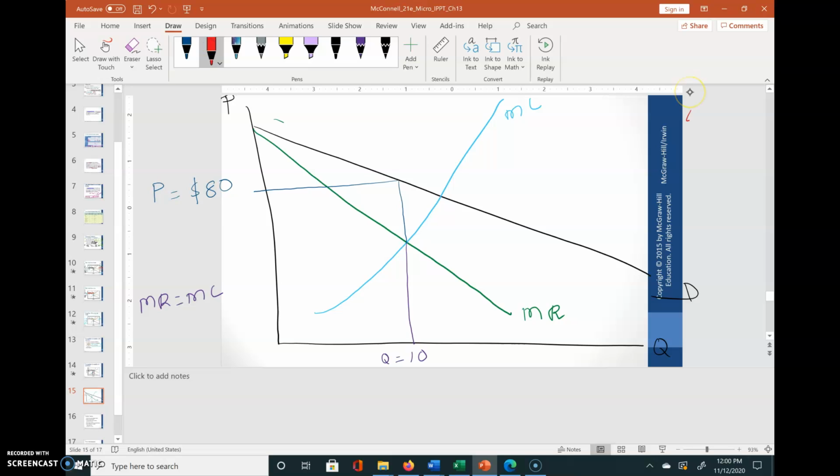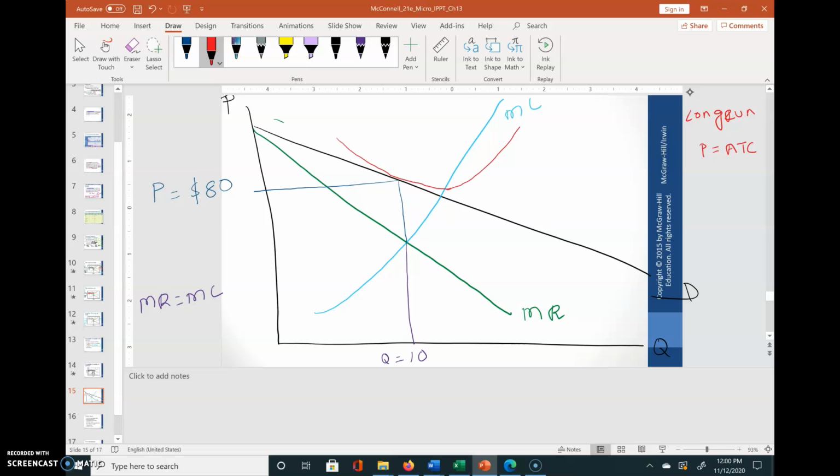Now I'm going to look at a long run scenario. We know in the long run from our adjustment process that price is equal to average total cost, and the average total cost curve will be tangent to the demand curve. So I'm going to draw this average total cost here.